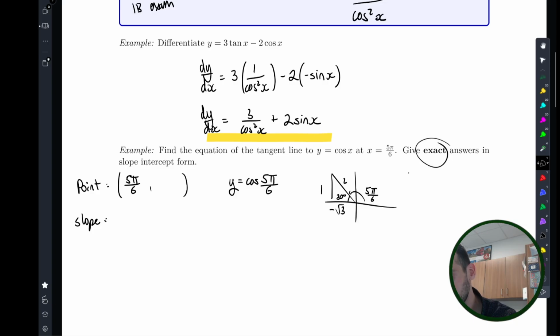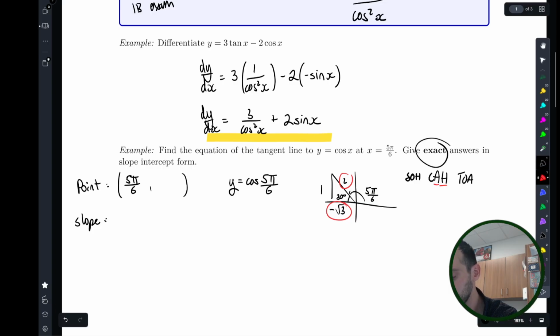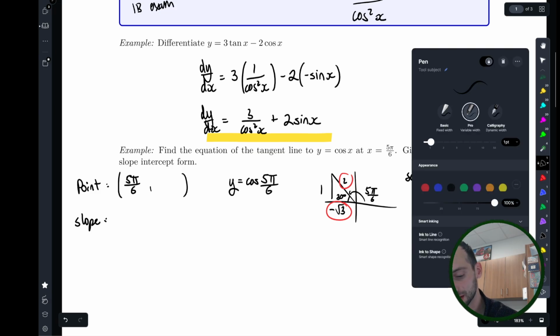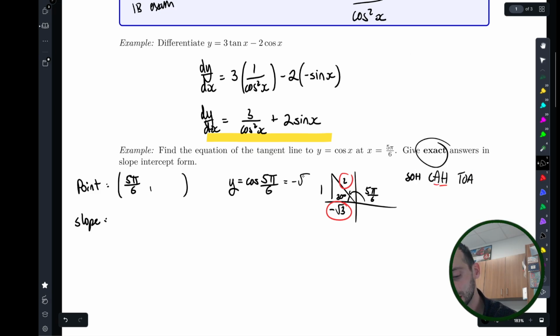And then if we're asked for cosine, we could use our SOHCAHTOA. Cosine is adjacent over hypotenuse. So in this case, the adjacent side would be negative root 3, and the hypotenuse would be 2. So the value of cosine 5 pi over 6 in radians is negative root 3 over 2.